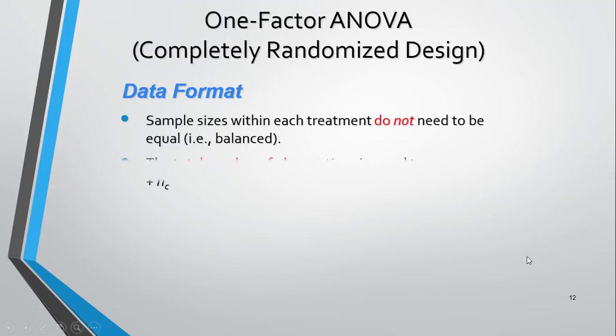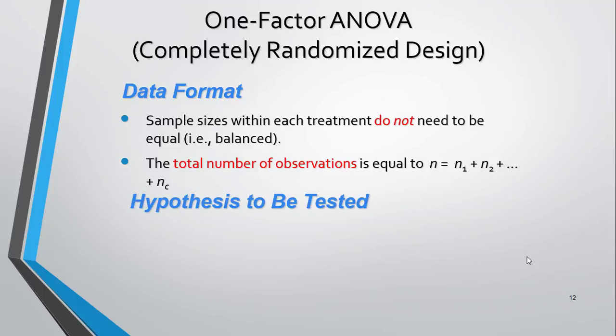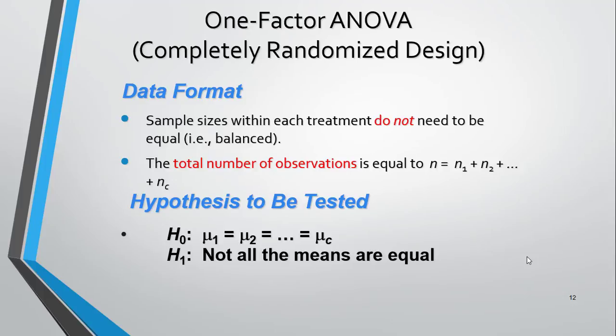Data format, sample sizes within each treatment do not need to be equal. So they do not need to be balanced. That's good. The total number of observations N equals N1 plus N2 plus N3 all the way to NC. The hypothesis to be tested here is mu1 equals mu2 equals mu3 all the way to mu-C. That's all different groups, right?